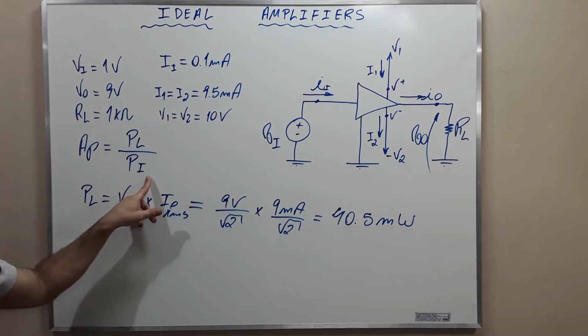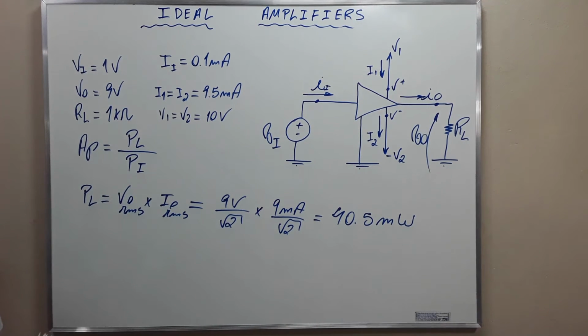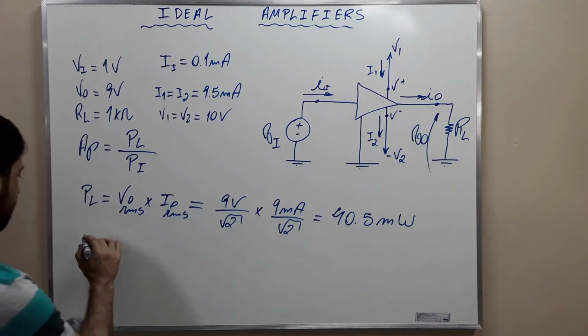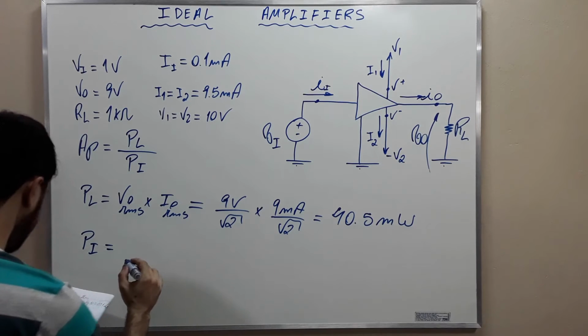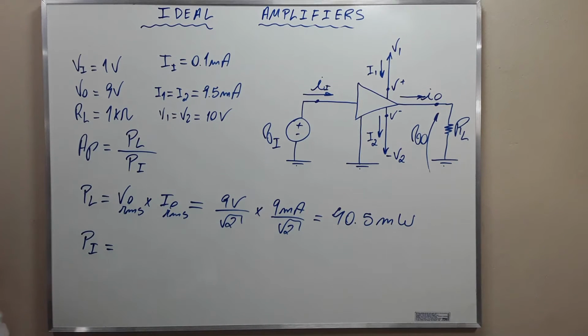Now, let's calculate the input power. The input power is going to be the multiplication between the RMS values of the input current and the input voltage.